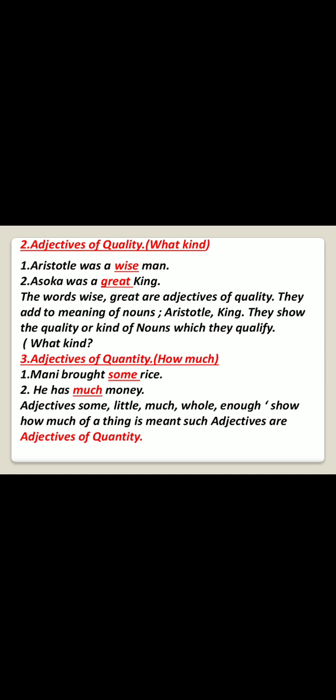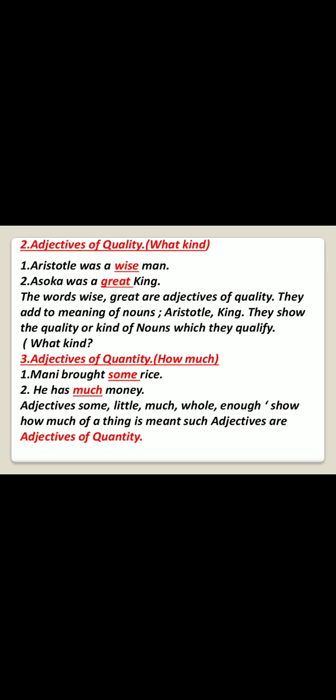Number 2, adjectives of quality. So we will always ask what kind of person, what kind of thing this is. An adjective of quality is an adjective that describes the quality of a person or thing. For example, Aristotle was a wise man. Number 2, Ashoka was a great king. Here, wise and great are the quality of the person.